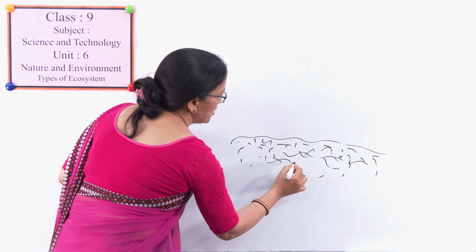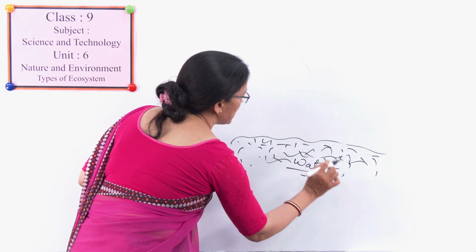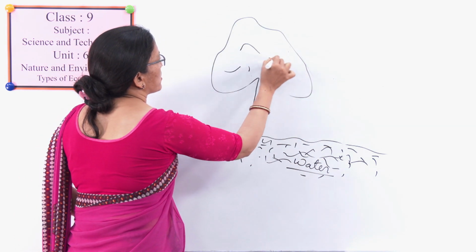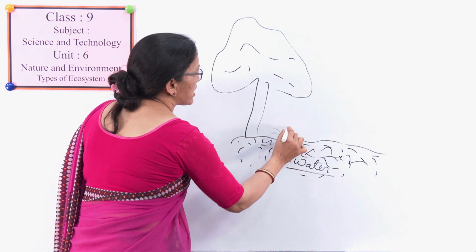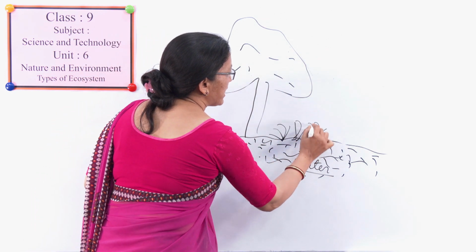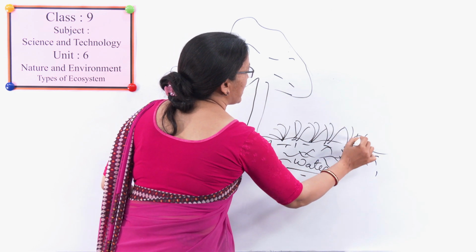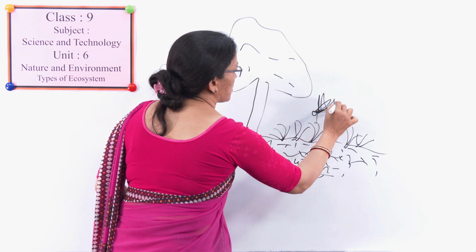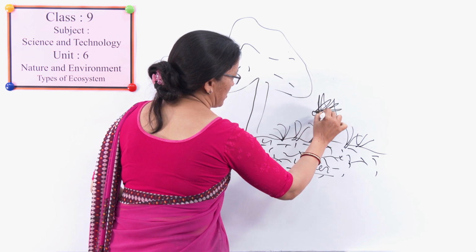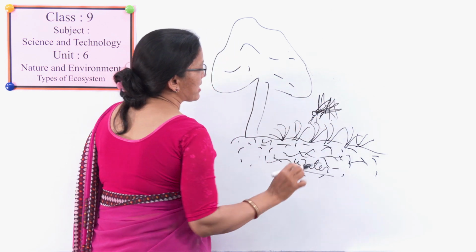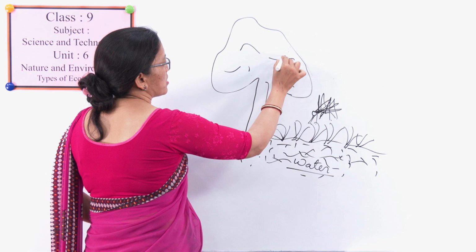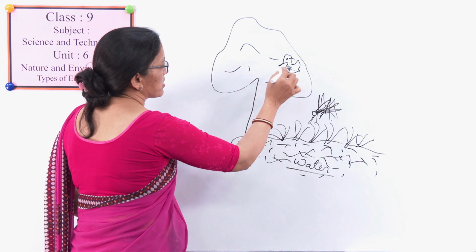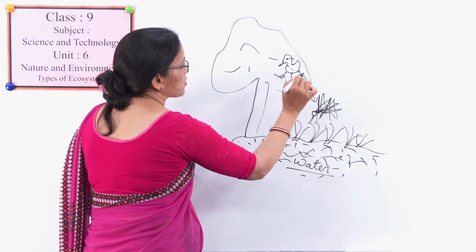Water also percolates inside the soil, and there are some trees growing, and some grasses growing on the land, and there is a grasshopper feeding on these grasses, and there are some birds which feed on the fruits and some parts of plants, and even feed on this grasshopper.